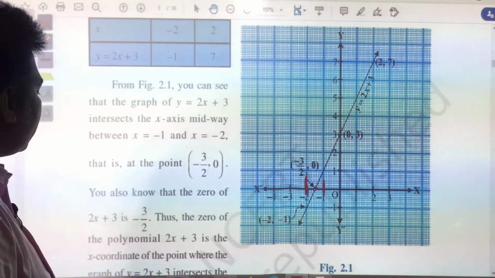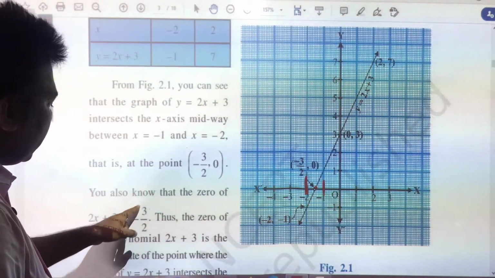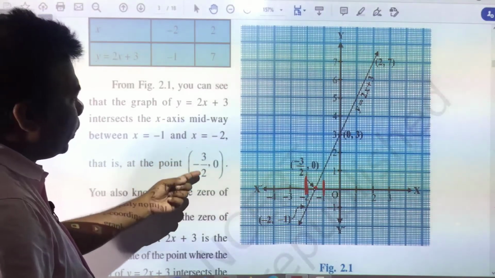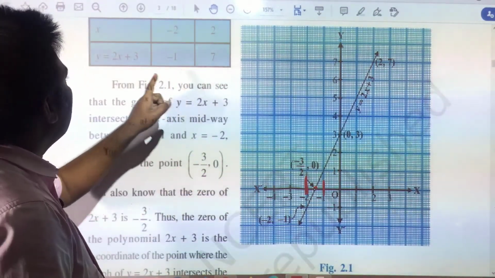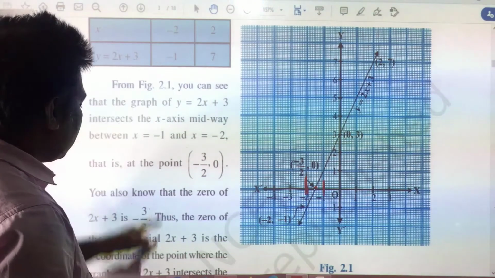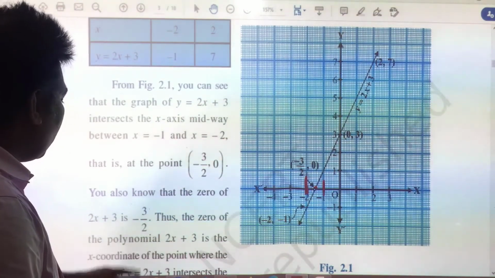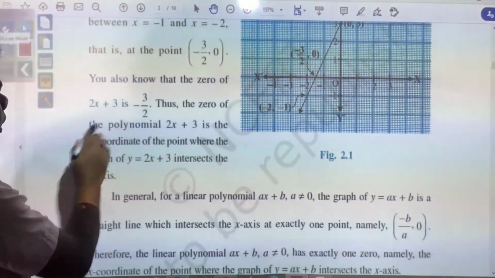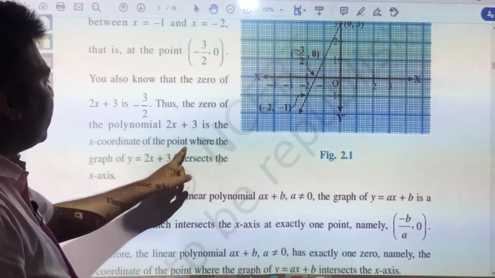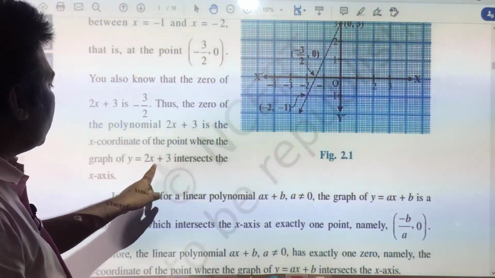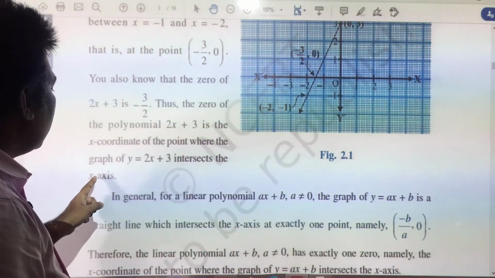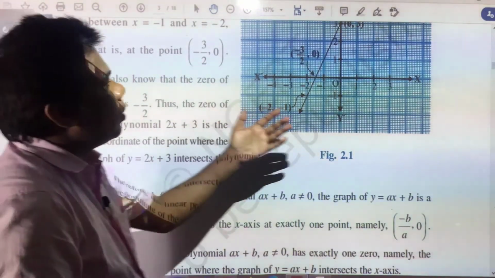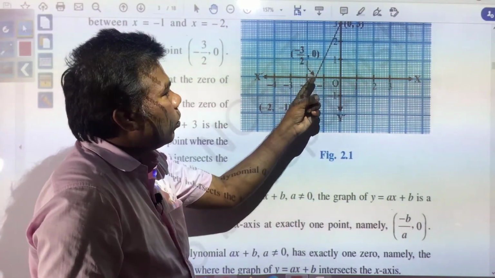You also know that the zero of 2x + 3 is -3/2, and -3/2 is the zero of this polynomial 2x + 3. Thus, the zero of the polynomial 2x + 3 is the x-coordinate of the point where the graph of y = 2x + 3 intersects the x-axis. So, what did you understand?